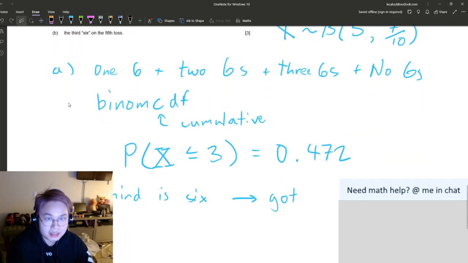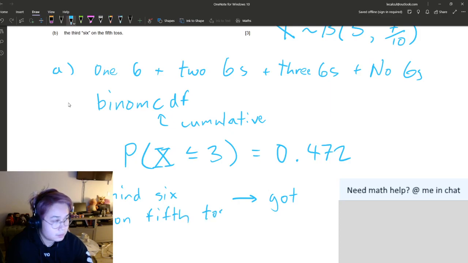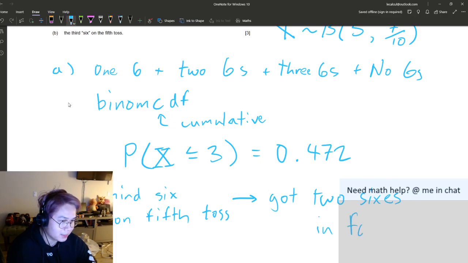The third 6 on the 5th toss means that you got 2 sixes in 4 tosses.